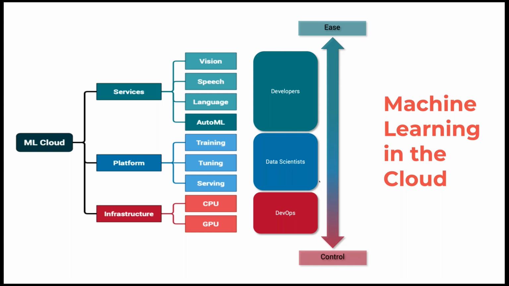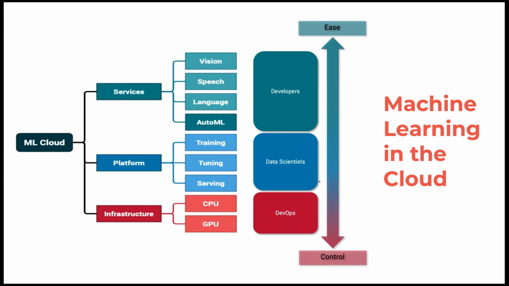Then, just like other delivery forms of cloud, there is platform as a service. And platform as a service abstracts away the infrastructure. You never have to SSH into a VM or directly deal with CUDA drivers or NVIDIA GPU drivers. You don't need to do any of that. You basically use PaaS by calling high-level APIs, and you only focus on training, tuning, and serving. This is like PaaS.